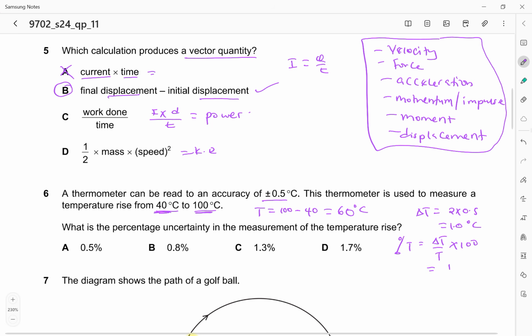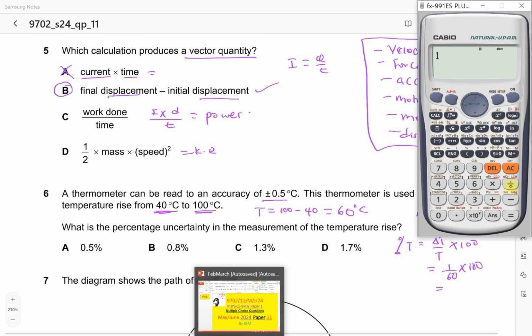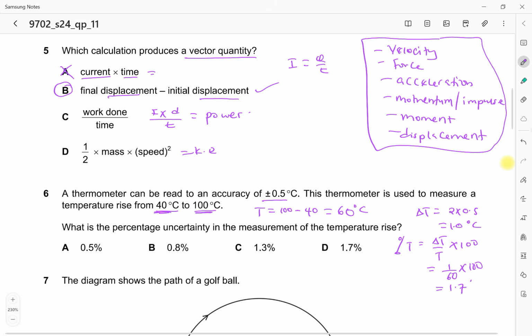So this is 1 divided by 60 times 100, that is 1.66 recurring, which is 1.7%. So the answer is going to be D.